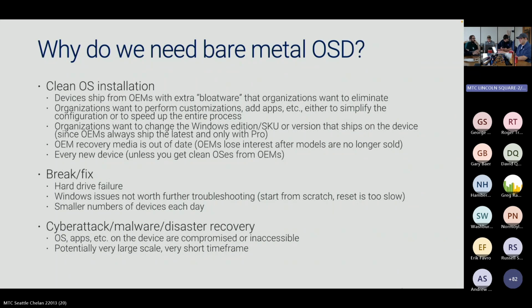The third scenario that I think everyone realized after the CrowdStrike incident is there is always the case where a cyber attack or malware or a bad patch or something kills every machine in your environment.